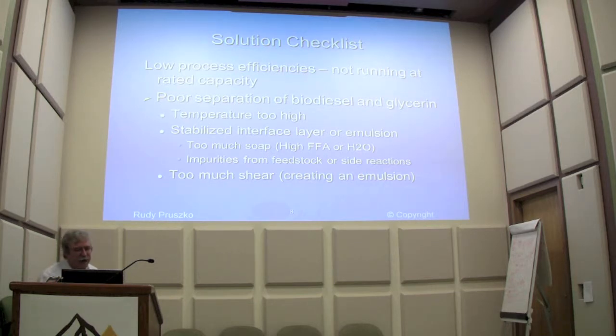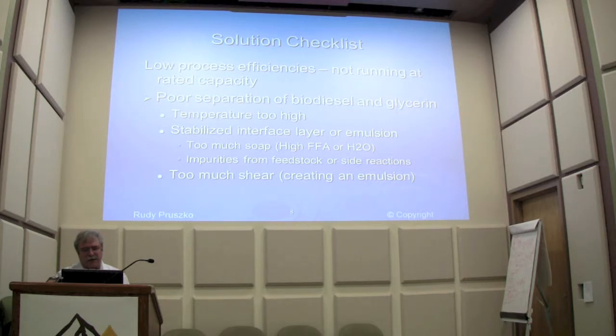You can sometimes have an interface between the glycerin and the biodiesel where you have a lot of soap made. That'll act just like if you want to get oil off your hands, you use soap and water, and it takes the oil off your hands and makes that emulsion layer. So you can have too much soap, and that could be due to high FFA or high water content in your reaction.